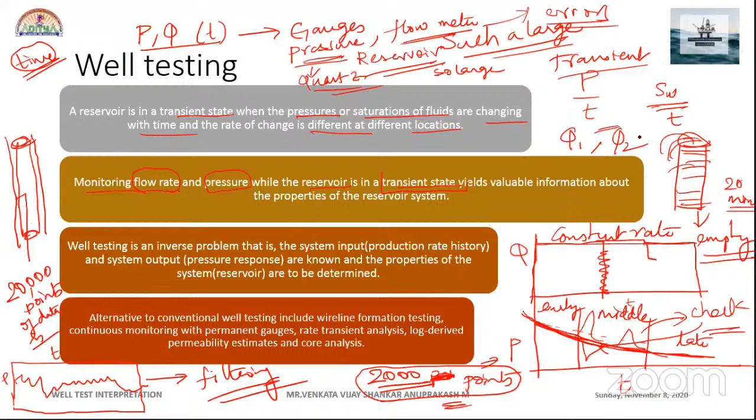Then again the pressure response for Q2 will be entirely different. So for each flow rate, we will be getting one transient. The transient state here means that at the rate at which we are producing at a constant flow rate, we will be getting one reading. From that information, we can get properties of the reservoir system.